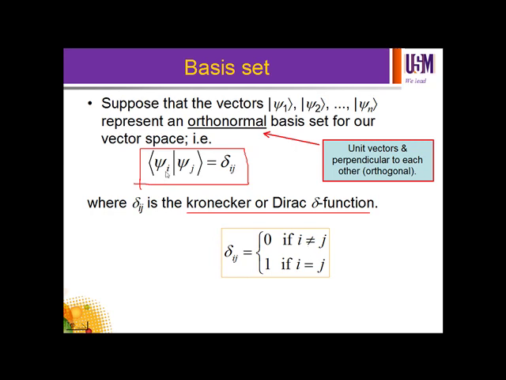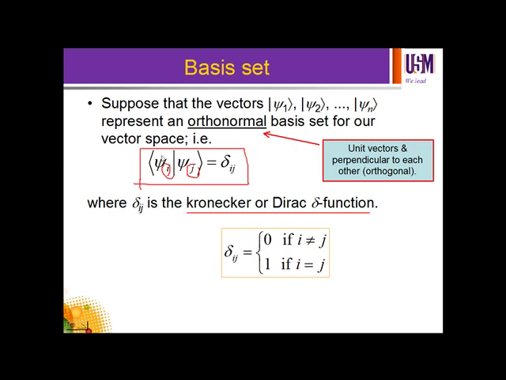That means if psi i and psi j are basically two different vectors in the vector space. While delta ij, the Kronecker delta function, is equal to 1 if i equals j.